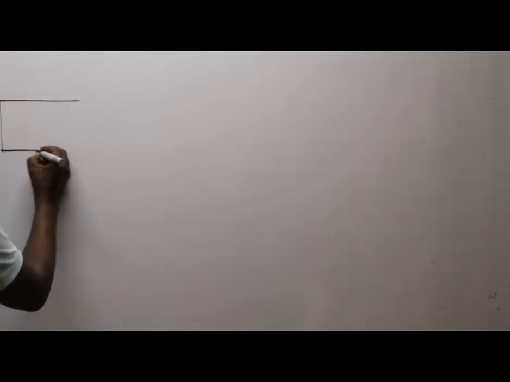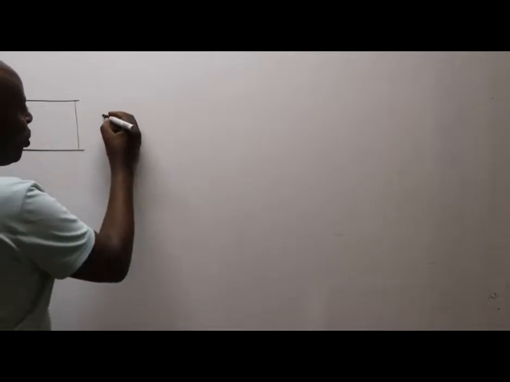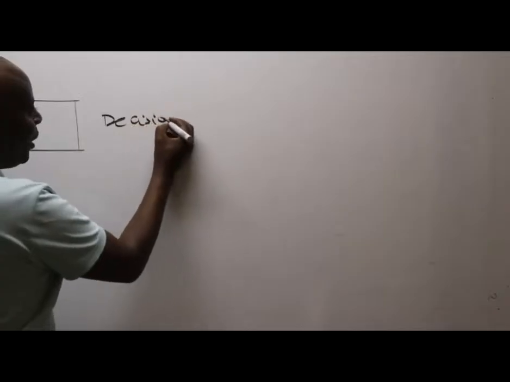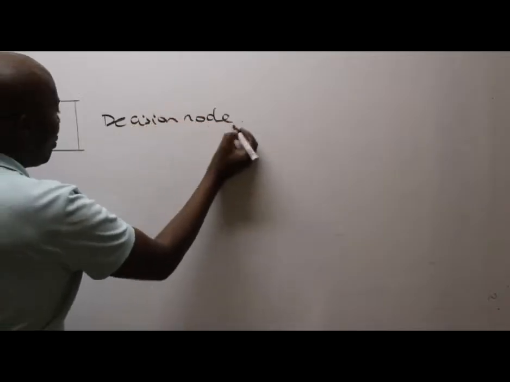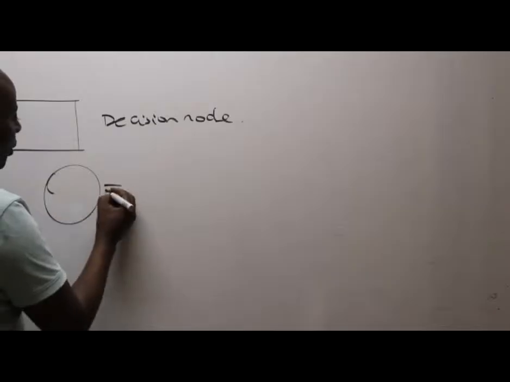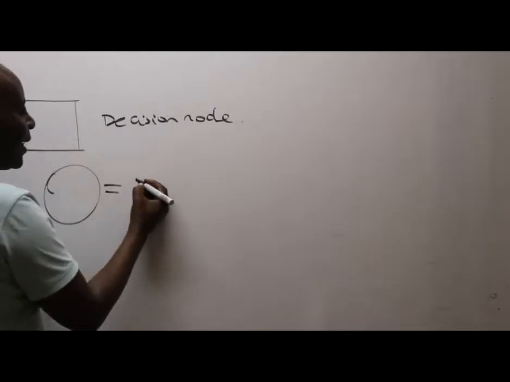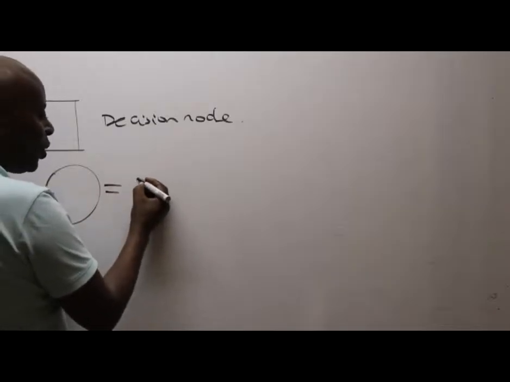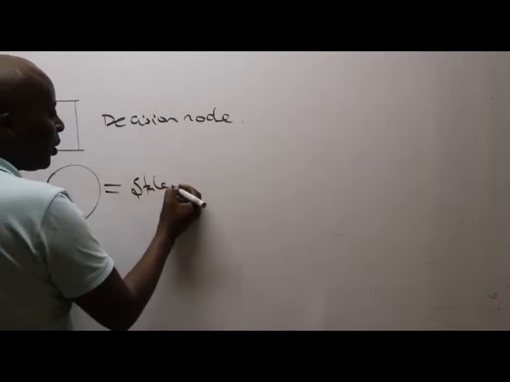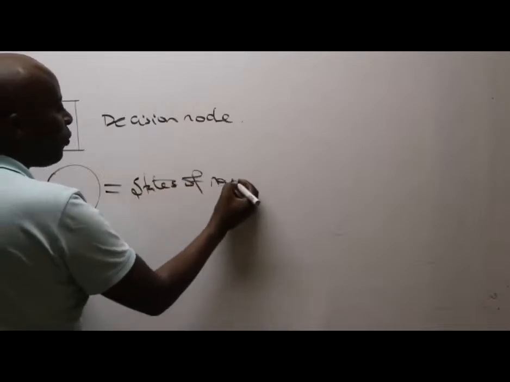Don't forget, ladies and gentlemen, that basically we have got 2 nodes in decision trees. We have a box node, which is what we call a decision node. And then we have a circle node, which is a chance node, or a states of nature node.